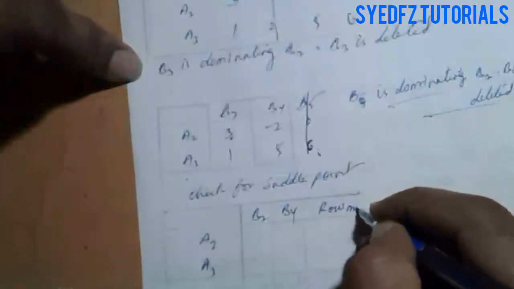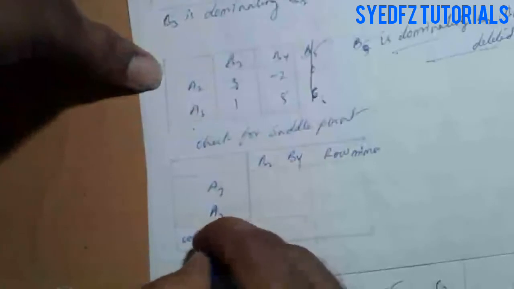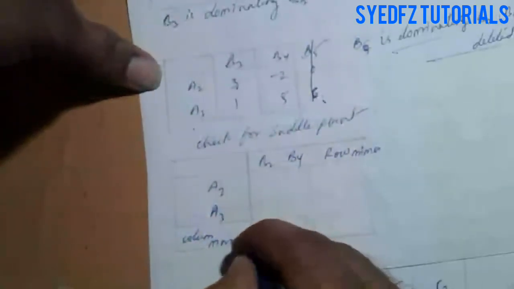This is row minima and here column maxima. What is remaining? 3 and 1, minus 2 and 5.